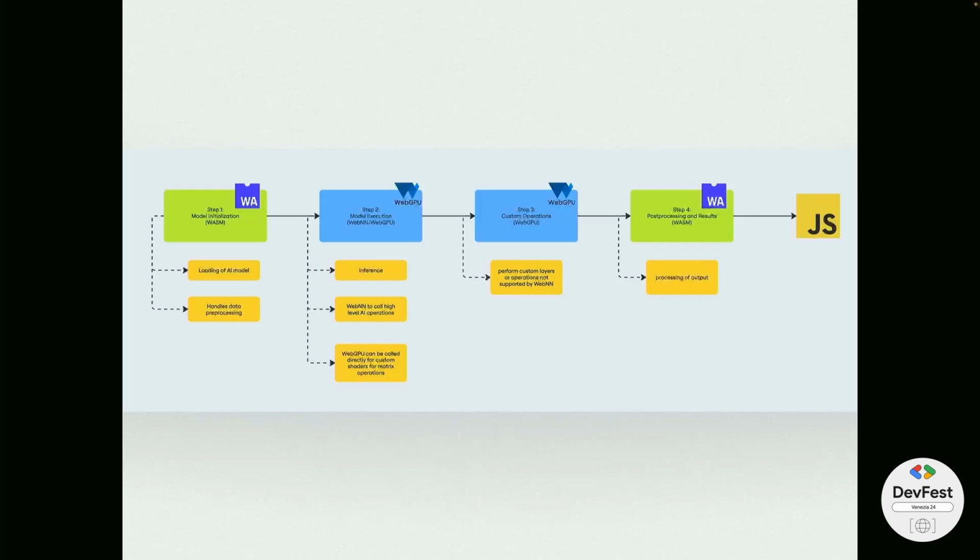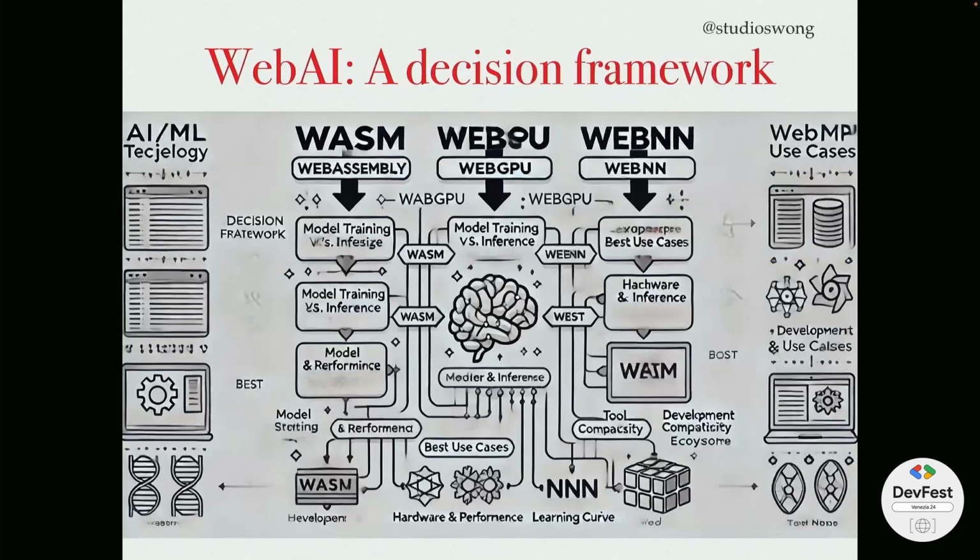For example, if you want to extract the labels from a classification model or the bounding boxes from an object detection model, that's where you put it all back into a Wasm module to do this post-processing before you pass it back to the JavaScript environment for your web app.